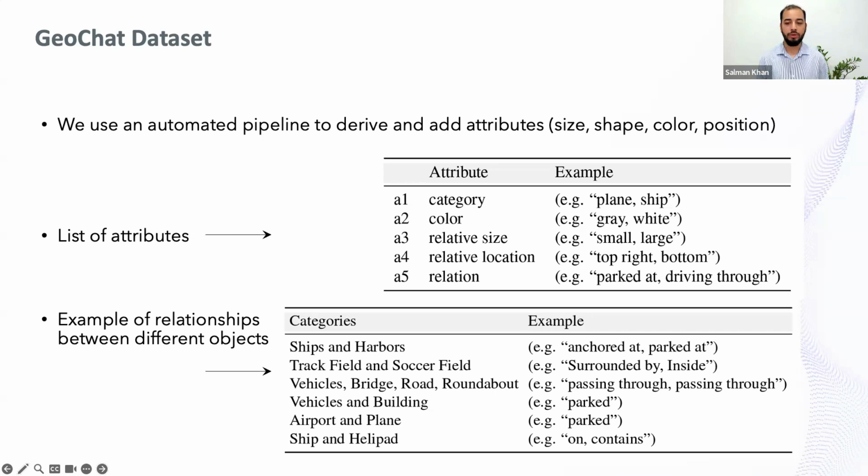And similarly, we talk about the relative location, is it the top right, bottom corner of the image, and so on. And what are the relationships? We also try to develop different relationships between objects, whether a car is parked in the parking lot or somebody is driving through a certain road or area. And we try to include those kinds of object relationships in the dataset as well.